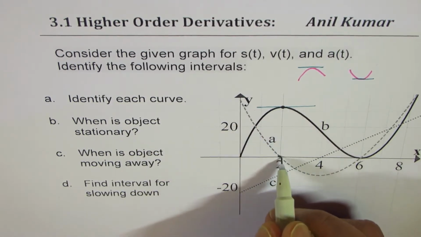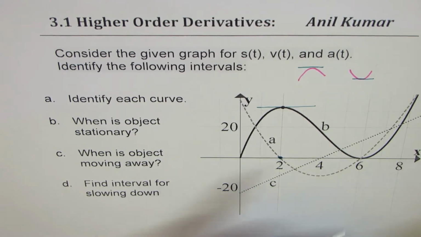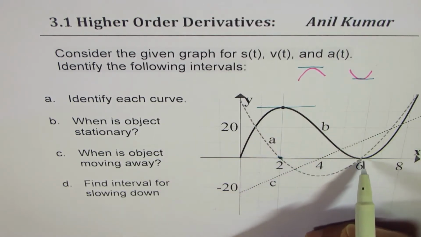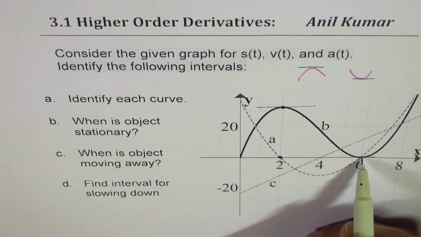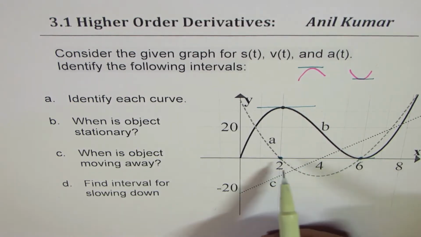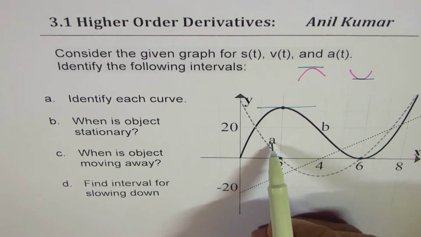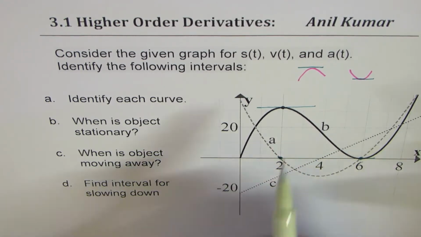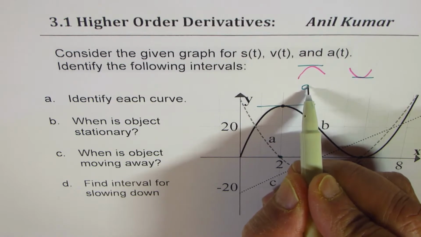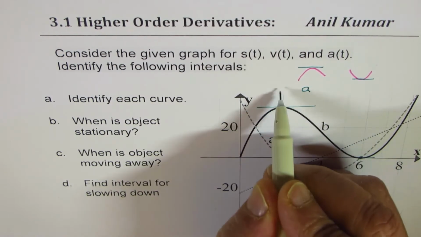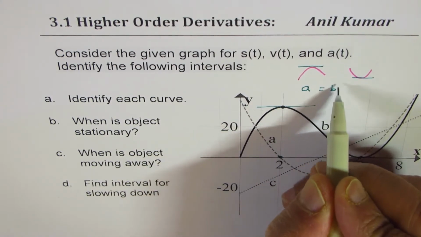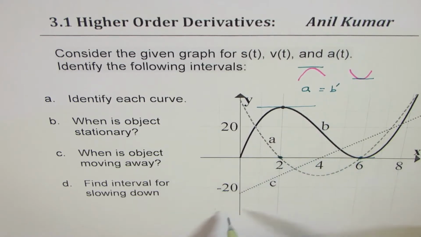That means we are looking for a 0 here. Now, we have a turning point there also, so there also we expect 0 on the derivative, right? That means that graph A is the derivative of graph B. So we know from here that graph A is basically equal to the derivative of graph B.